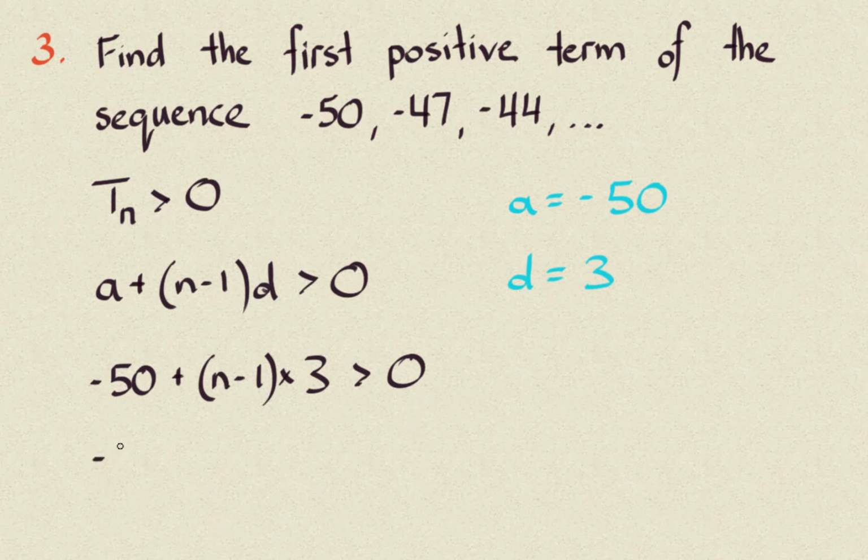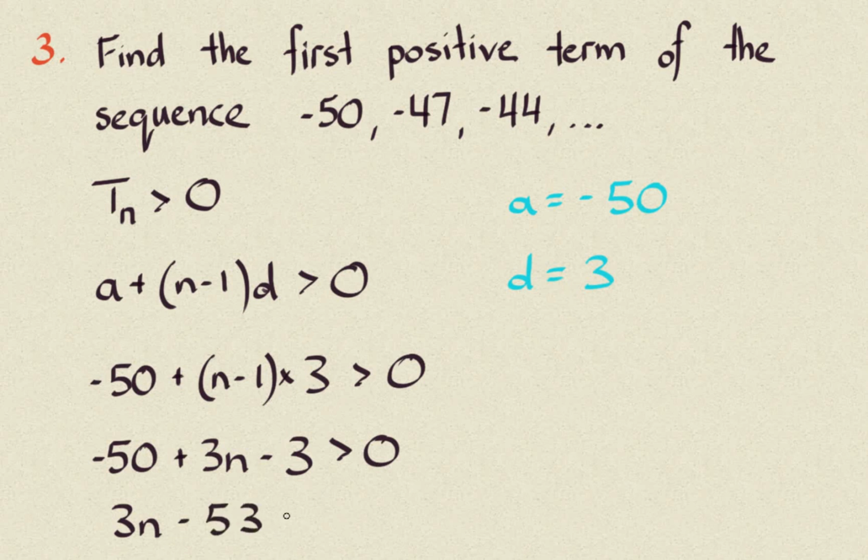So we have negative 50 plus 3n minus 3. That simplifies to 3n minus 53 being greater than 0.